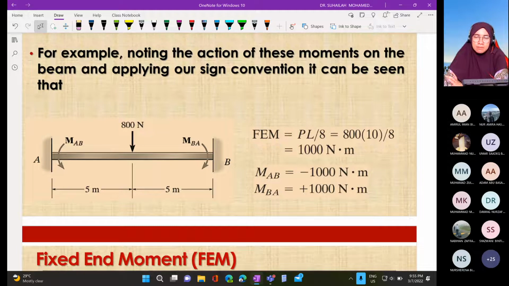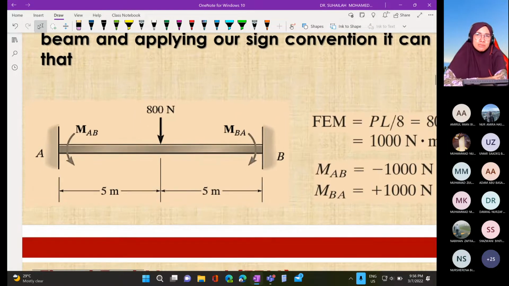Because there are other books that use counter clockwise positive. There is one book, the author is Aslam Kassim Ali, that uses counter clockwise positive. So if you refer to those notes, the signs in the analysis are all reversed. Anyway, you will get the same answer at the end of the analysis. But for fixed end moment, the signs you see here are not an assumption. This is behavior.